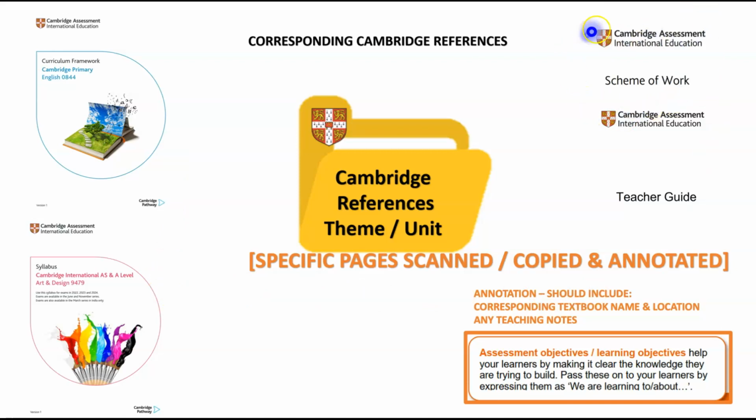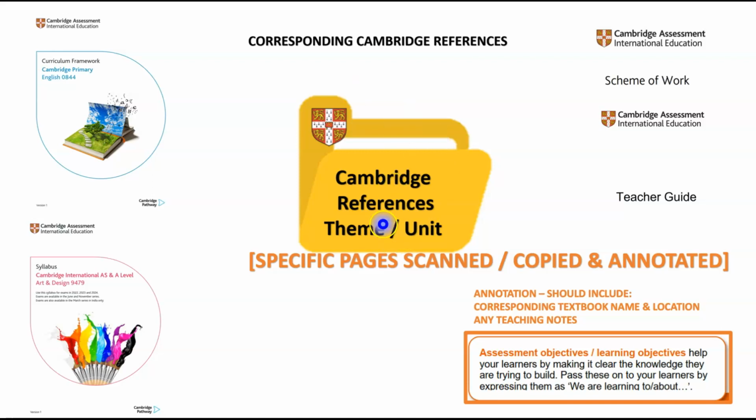So your scheme of work is number one. Then you may have found information in other materials from Cambridge, and I want that scanned and copied, annotated, and stuck into this folder, which will be in your main theme or unit folder.